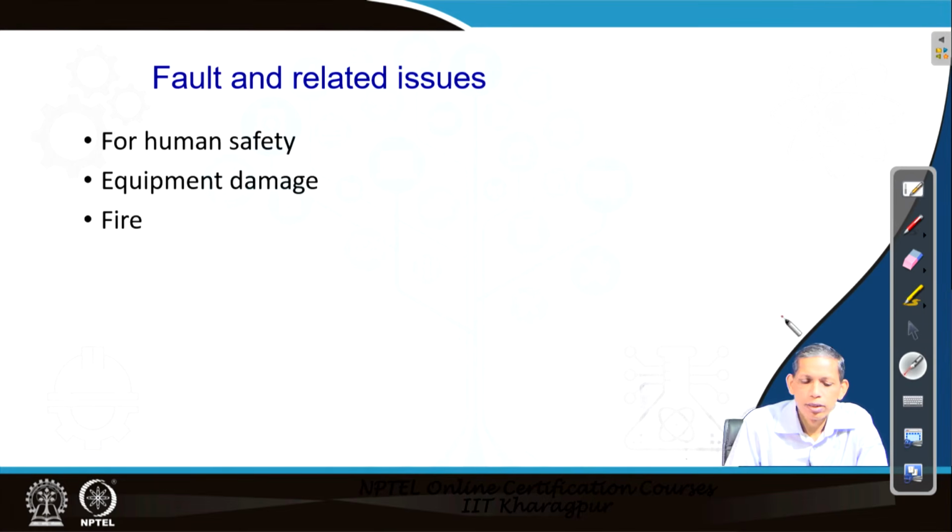And equipment damage, as we have already addressed, is due to the large current in that path. That damage has associated financial implications, and also replacement of any component like transformers takes a lot of time.